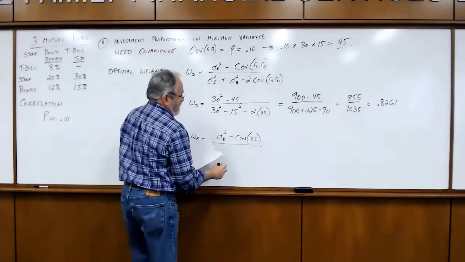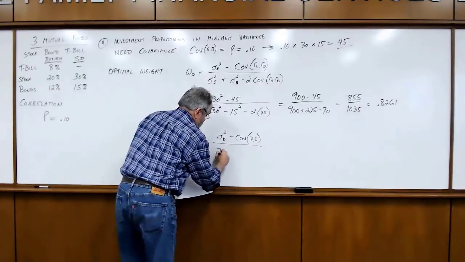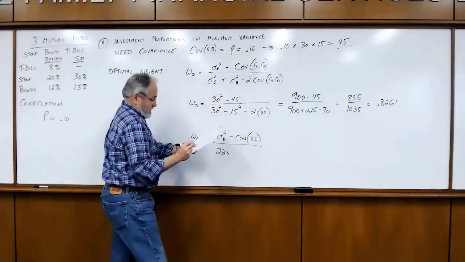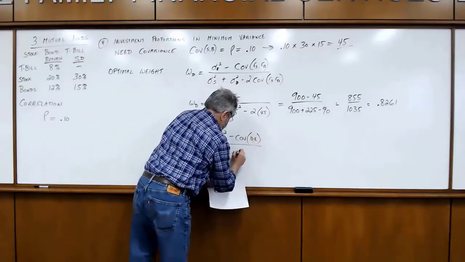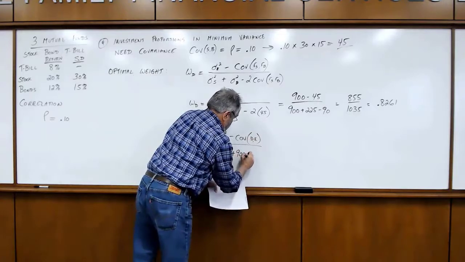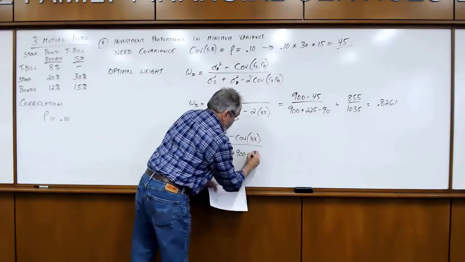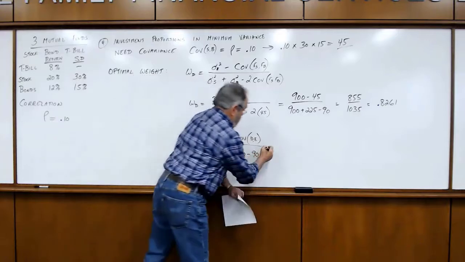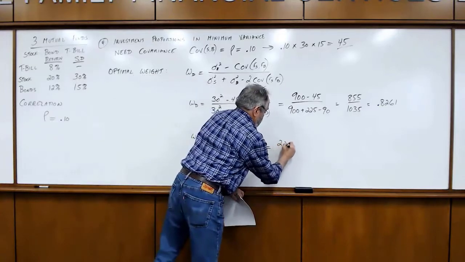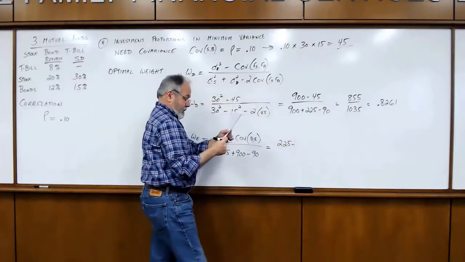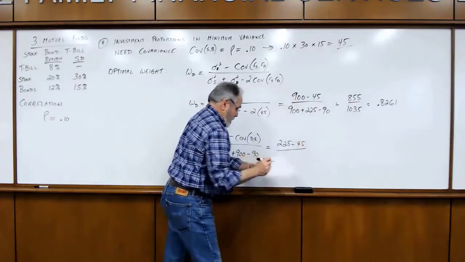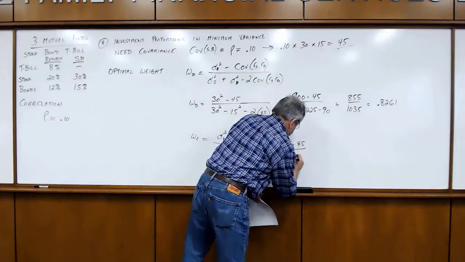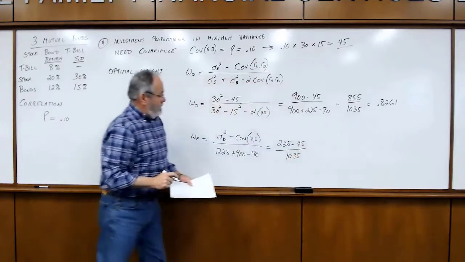This is the same, isn't it? 900 minus 90, which becomes over, right?